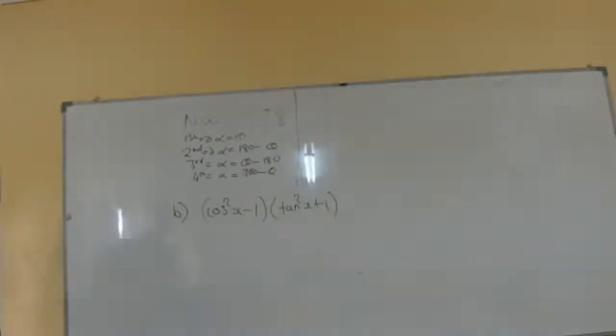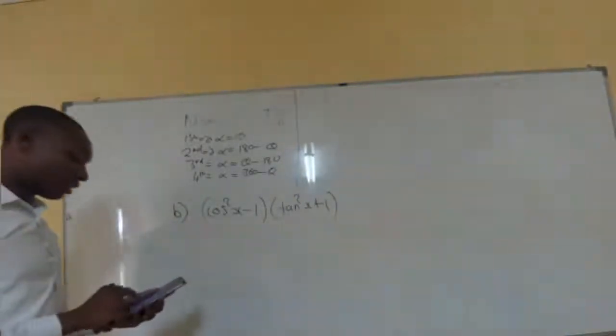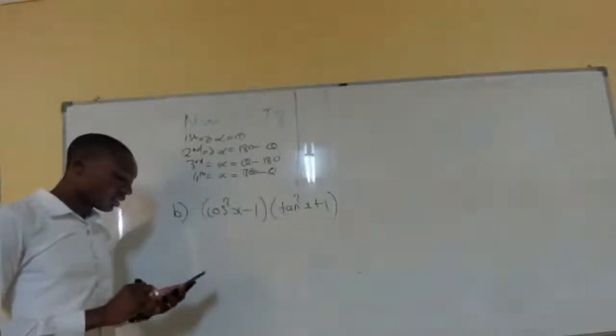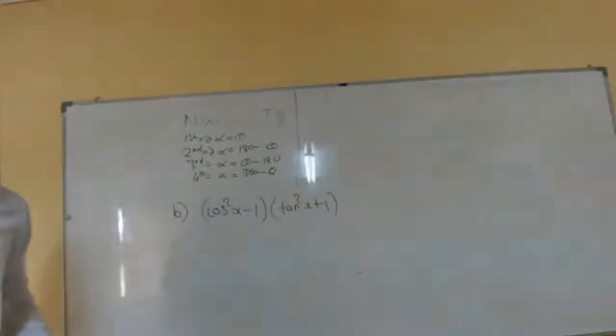According to your trigonometric identities, tan squared x plus 1 is actually given as sec squared x, right? That is what you have.